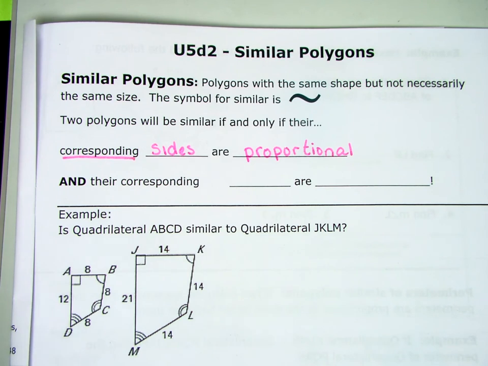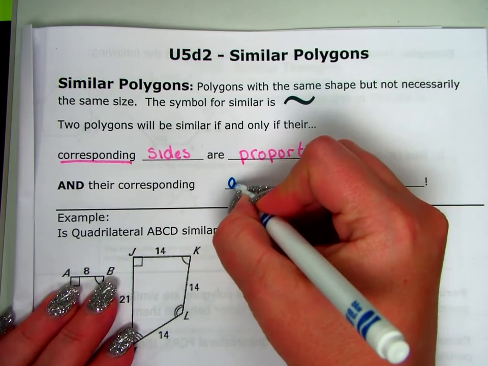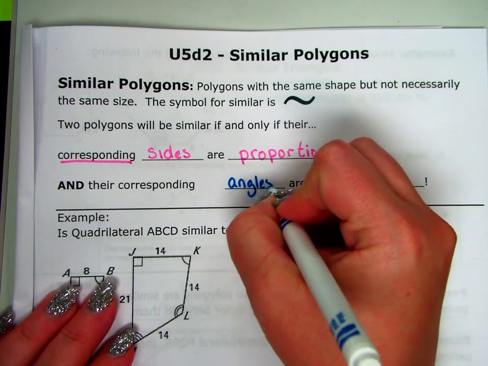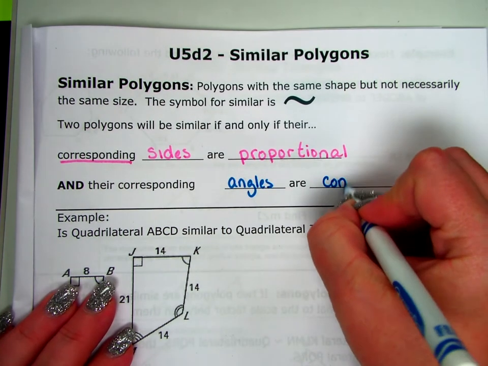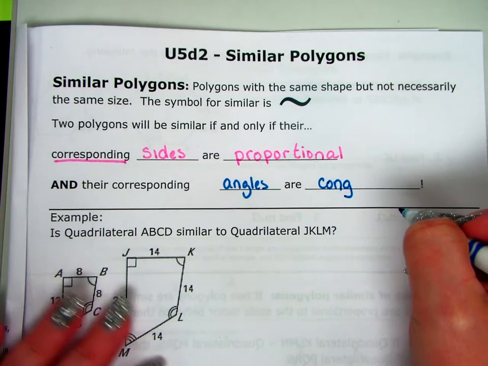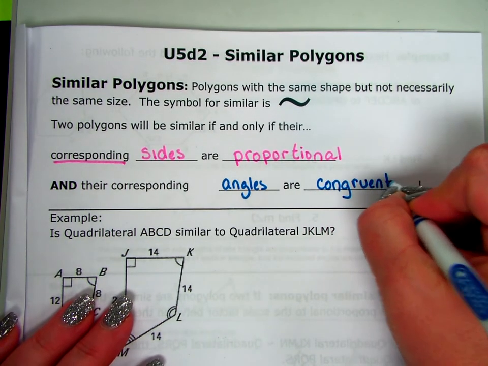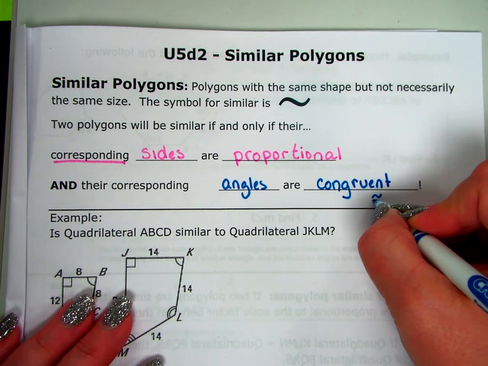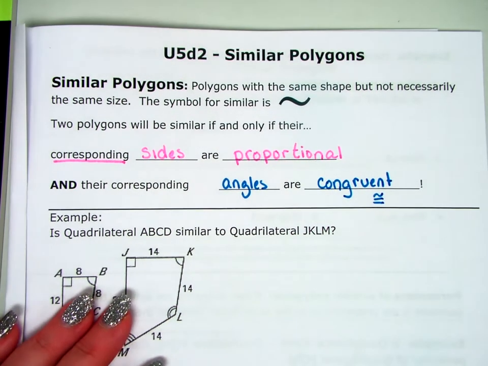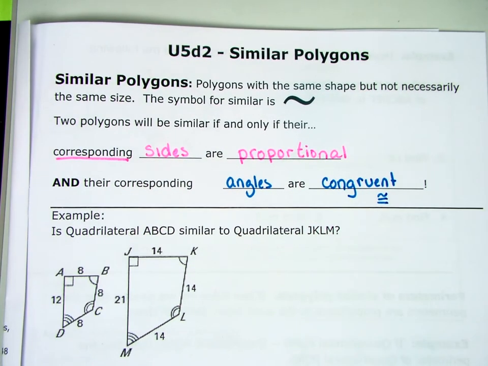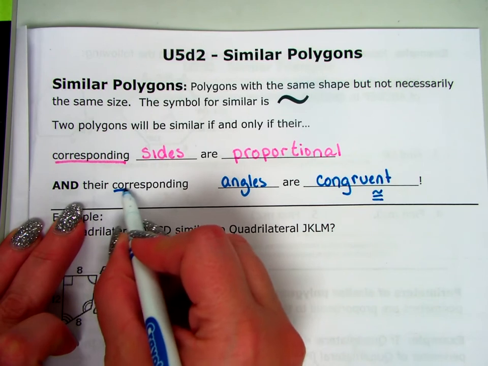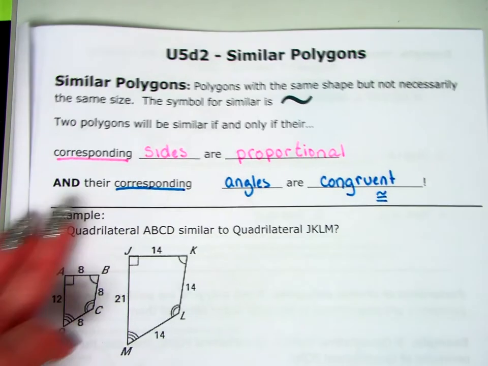And their corresponding angles are congruent. If you don't want to write out the whole word congruent, you can use the symbol. Remember, your symbol for congruent is like the similar, but with an equal underneath it. Okay? And again, it's important that they are corresponding.